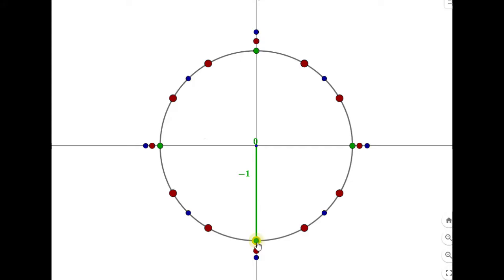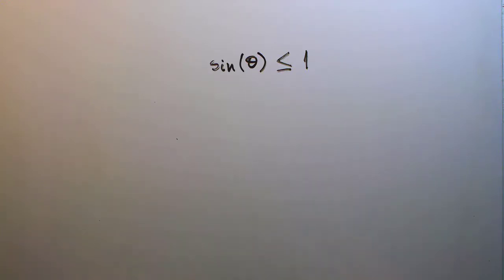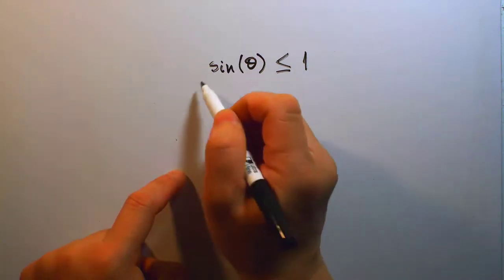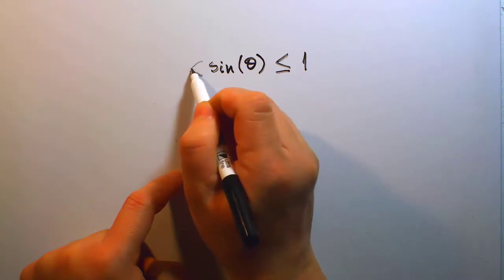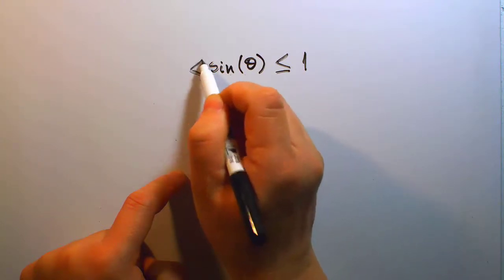And to demonstrate the idea again, it looks like so far before we hit the angle 3 pi over 2, those vertical coordinates are negative, but they're still not as negative as -1. In other words, you can see on my table right here that for any angle theta, the sine value can be greater than -1.